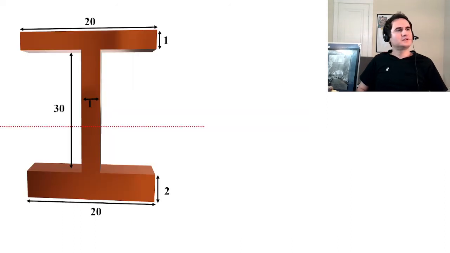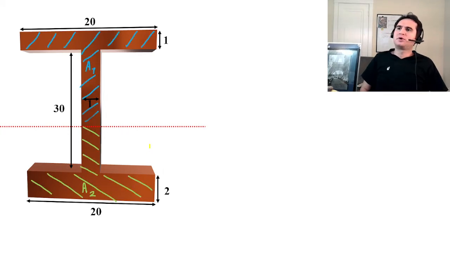The very first thing we need to do for calculation of an elastic moment is to calculate the centroid. For calculating the plastic moment, we need to find the same amount of areas.